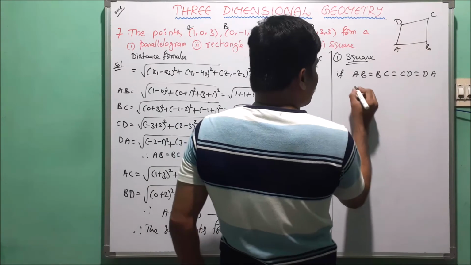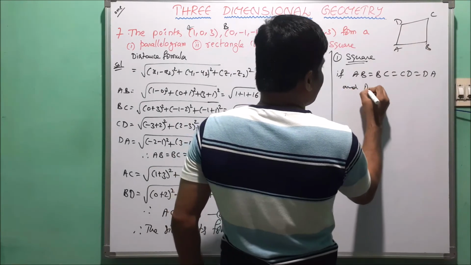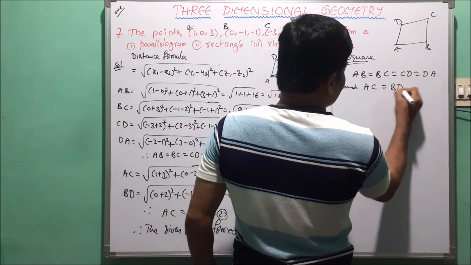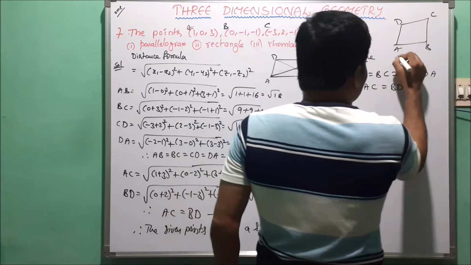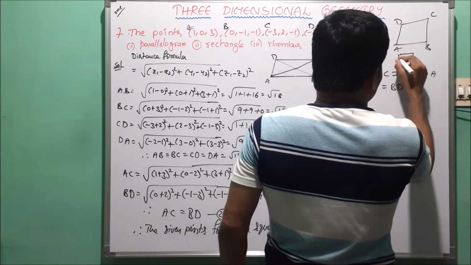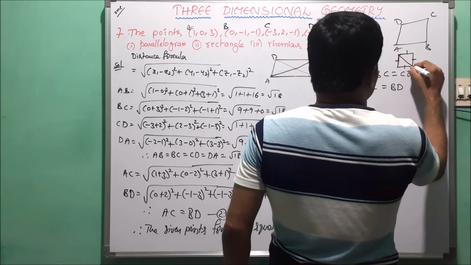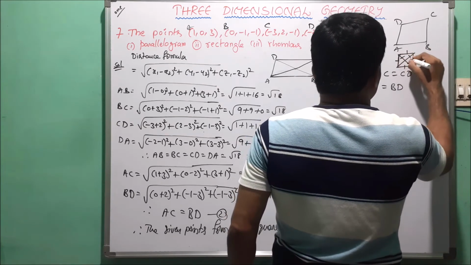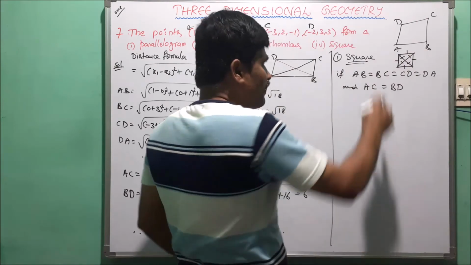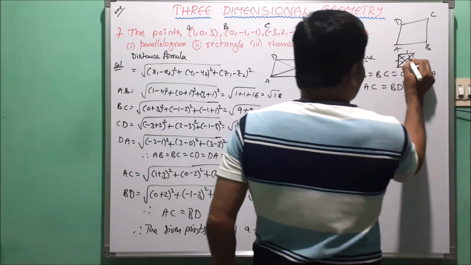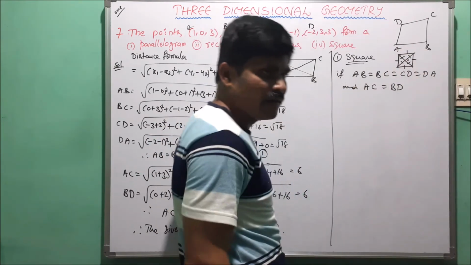Similarly, diagonals also equal, AC equal to BD. Now this can be taken as a square. In that all sides are equal, diagonals also equal. Here diagonals are perpendicular to each other also.